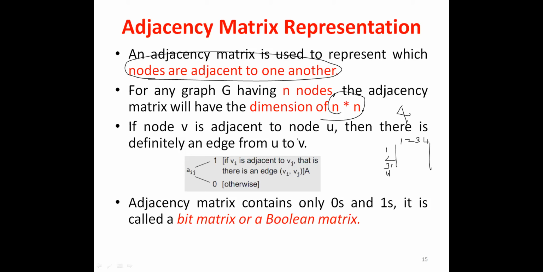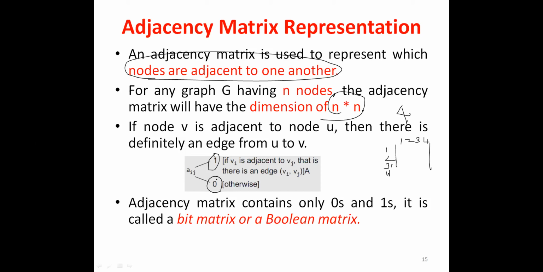If node B is adjacent to node A, then there is definitely an edge. That's what this represents. If B is adjacent to A, then it is connected, so we can use 1. If node E is not connected to A, then we can store 0 in that particular cell.